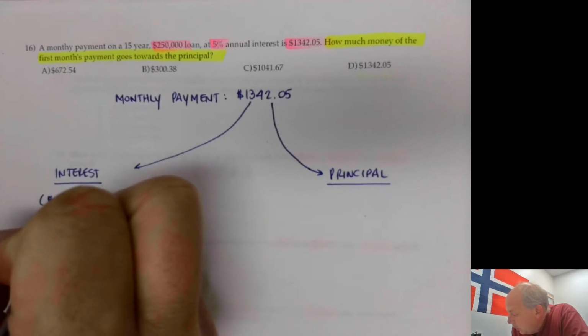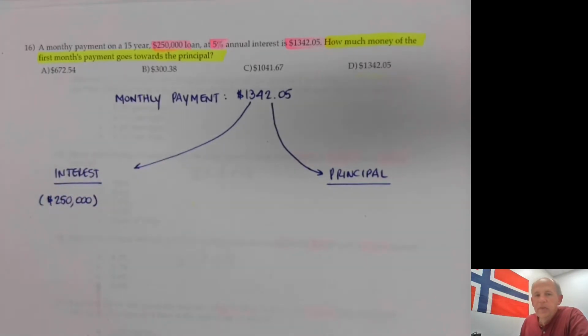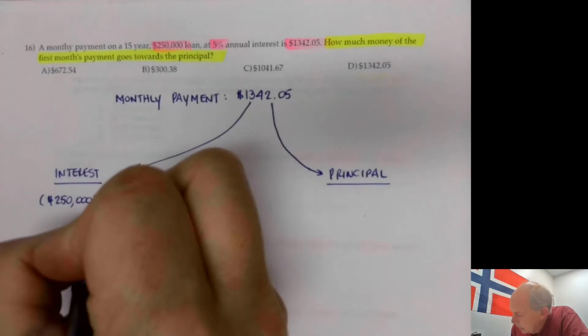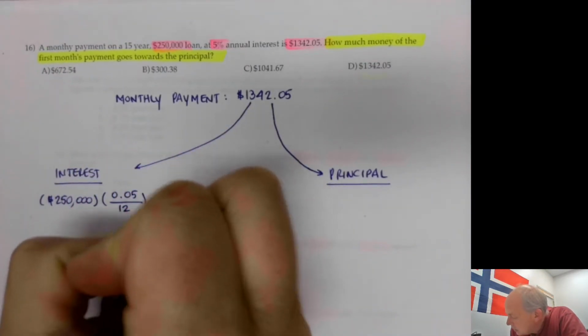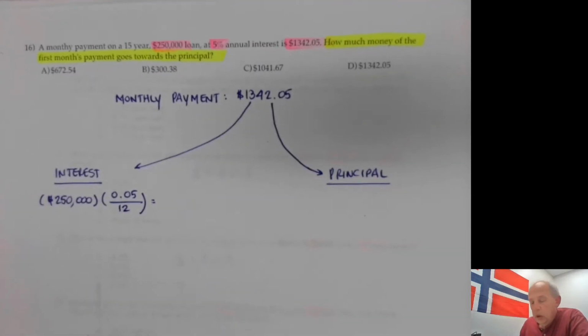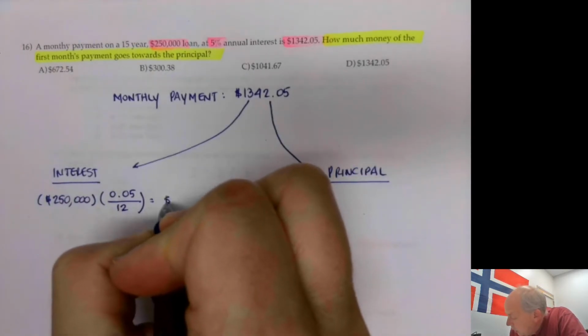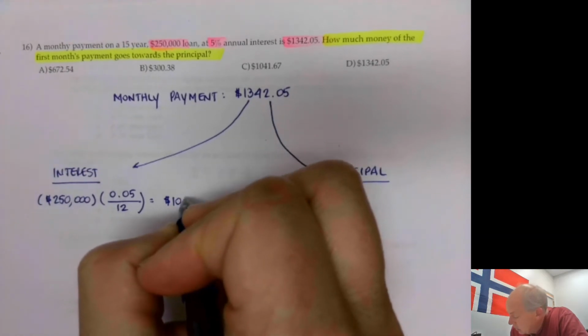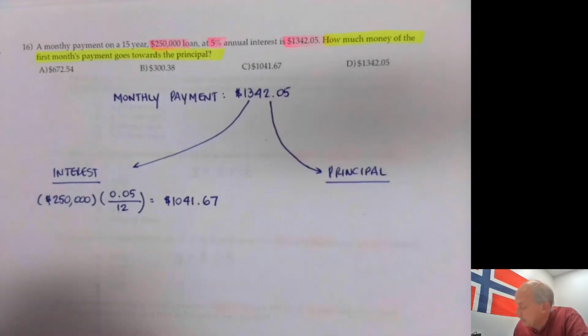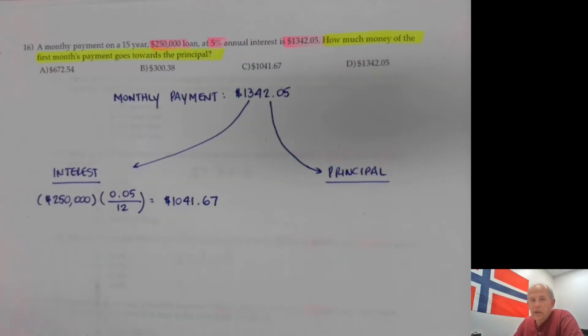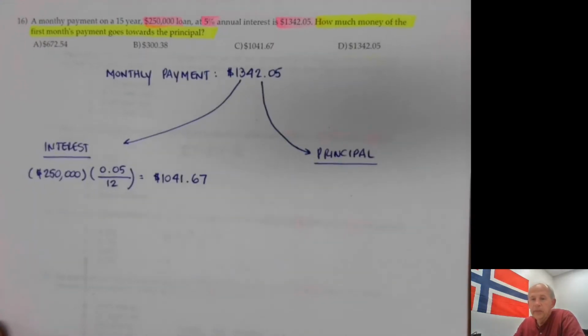We owe on the home $250,000. The interest rate is 5%. We're just looking at one monthly payment. For this monthly payment, $1,041.67 goes towards paying off the interest portion of the loan.